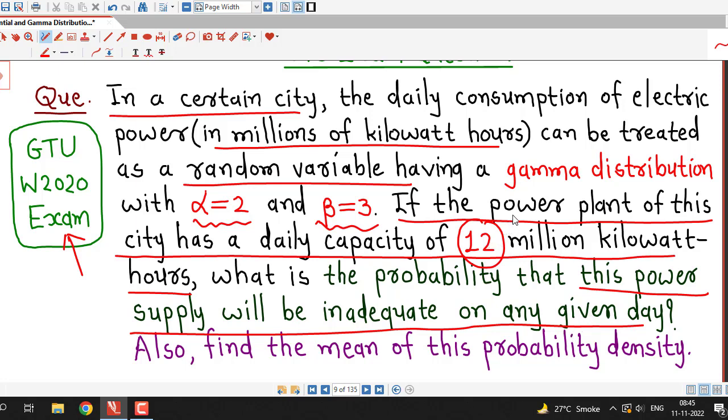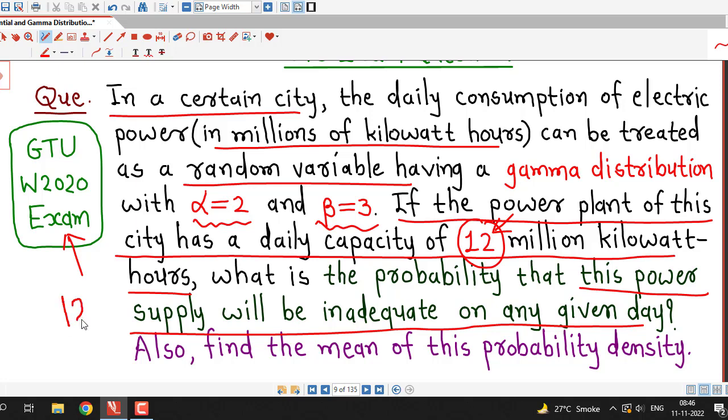Maximum daily power supply by this plant is 12 million kilowatt hours. This plant cannot provide more than 12 million kilowatt hours electric power in a day. So power supply will be inadequate if the consumption exceeds this value 12.